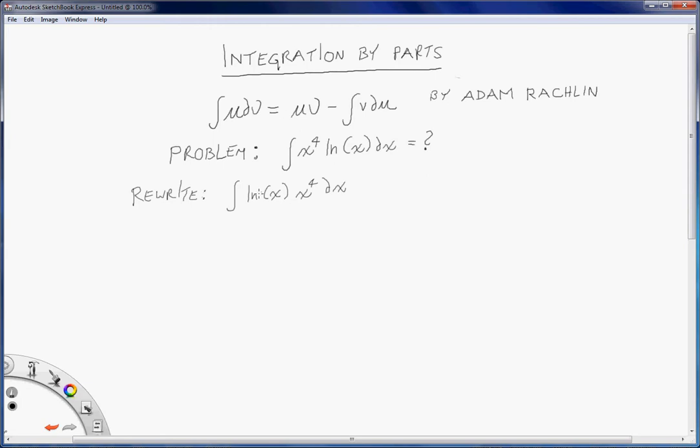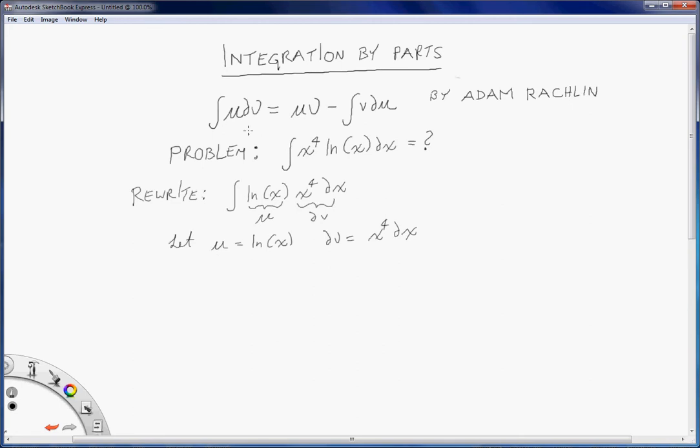Well, for this problem, this is going to be u, and we're going to let this equal dv. Therefore, let u equal the natural log of x and dv equal x to the fourth dx.